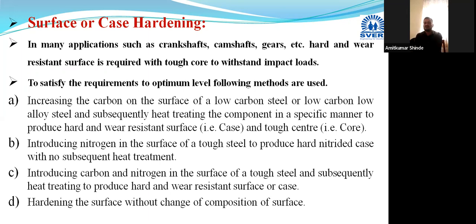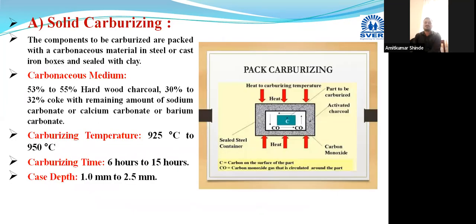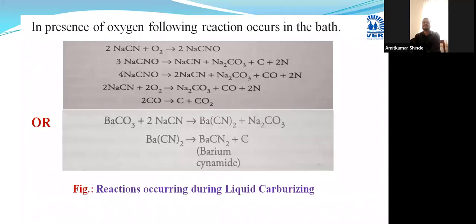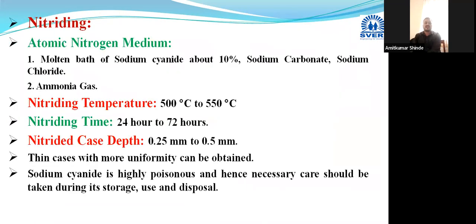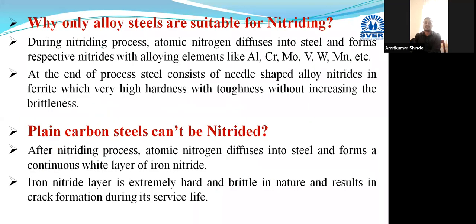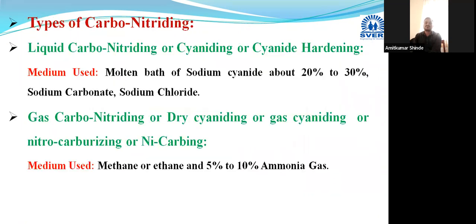In that we are going to discuss the carburizing method and its subtypes like solid, gas, and liquid carburizing. Then nitriding, which is again a surface hardening method, with its types, advantages, disadvantages, and some applications. Then carbonitriding along with its types.